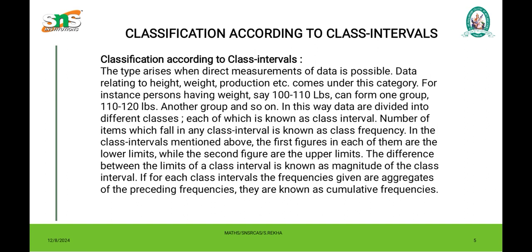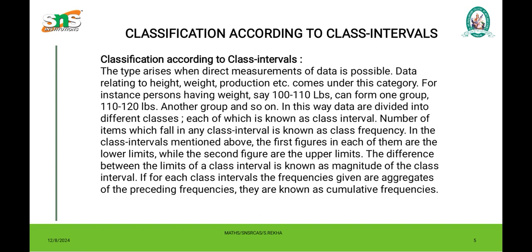This type of class interval we can represent, and after the class interval, the number of items should be mentioned. For example, if you want to know the marks for a subject, how many members have got 10 to 20, how many have got 20 to 30, this represents the frequency.